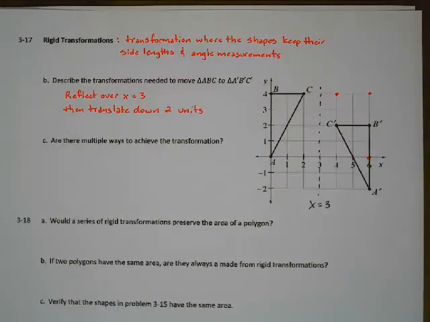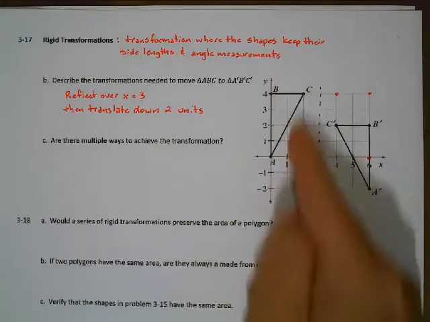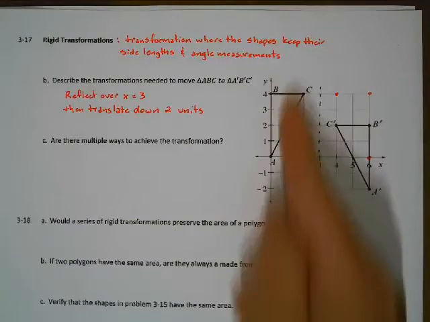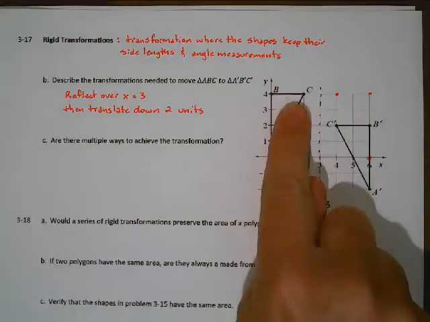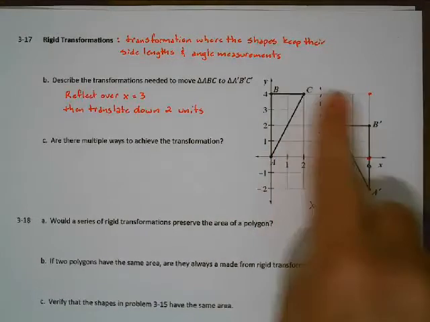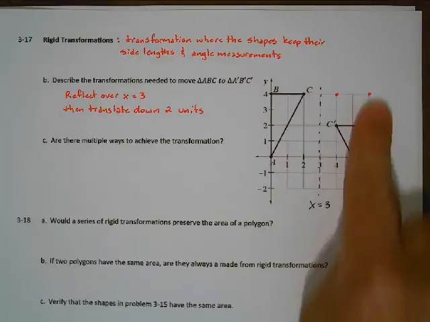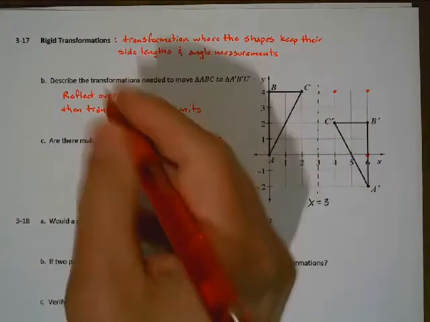So there's multiple transformations. Some people might have reflected over x equals 2 instead. And if they did that, they would have had to translate to the right and then down to get it there. So there's multiple ways to achieve any transformation.